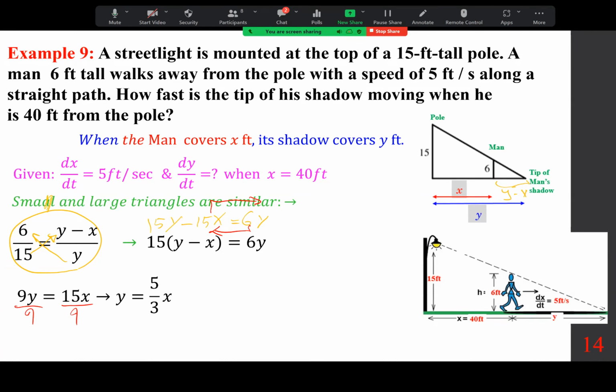We are going to differentiate with respect to time. So the left side is dy dt, equals 5/3 times dx dt.